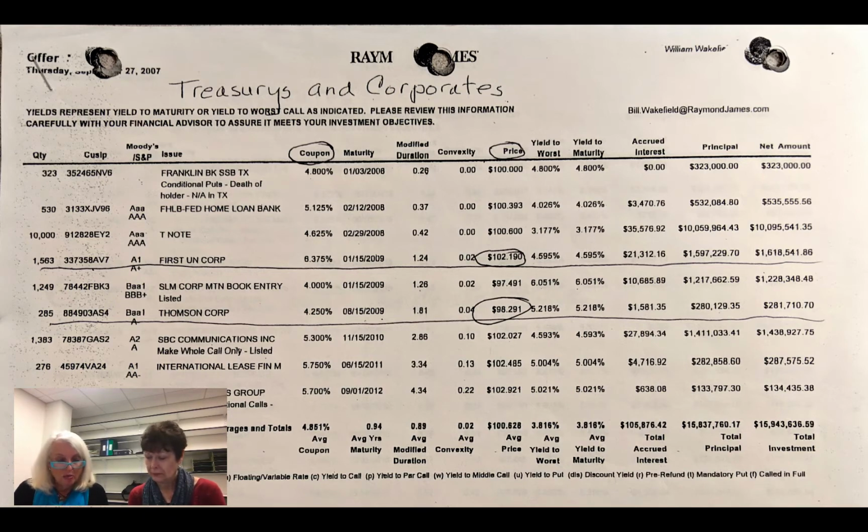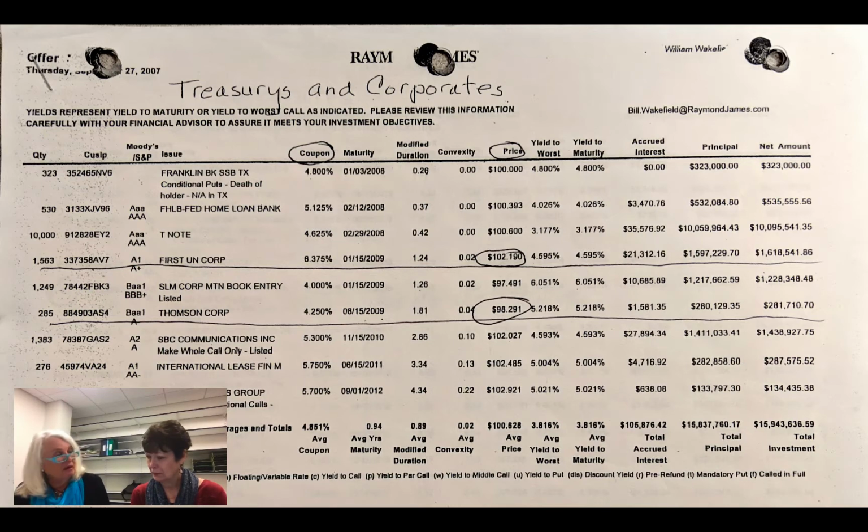So let's say you buy 10 bonds of this particular company. The bonds sell at $1,000 a piece. So the coupon is 6 3/8, which means 6.375%. So $1,000 bond.